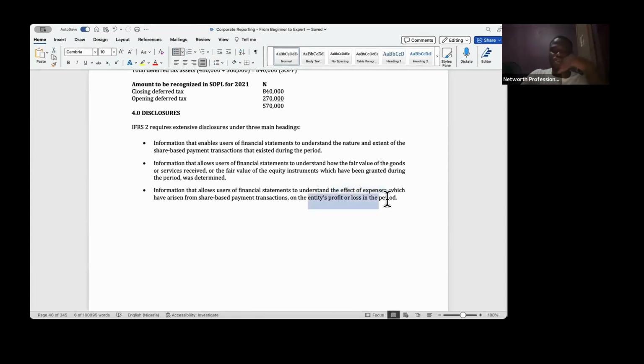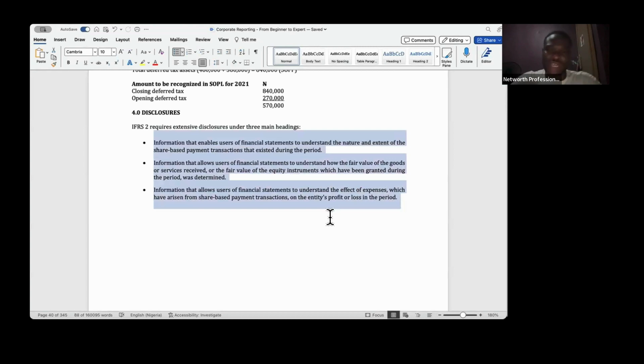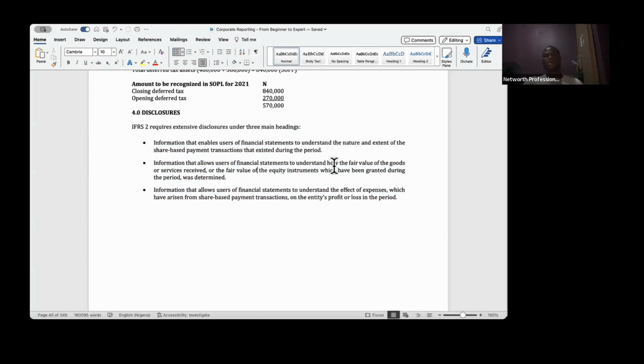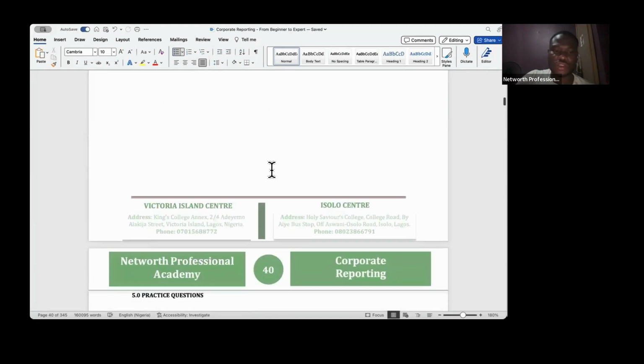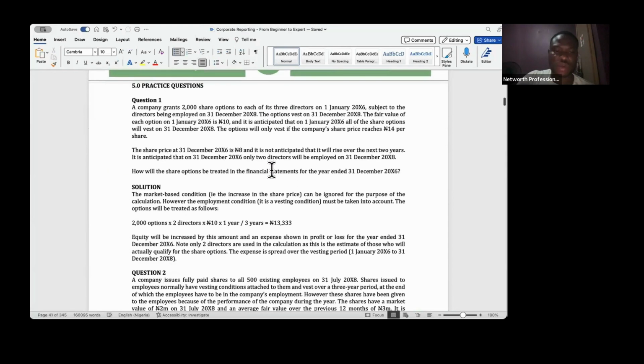Majorly, all of those things that you will not have had the opportunity to put in your P&L are what they want you to explain to the users, like the nature and extent of the share-based payment, how you determine fair value of the goods or services received, or fair value of the equity instrument granted, and stuff like that. And that's disclosures.